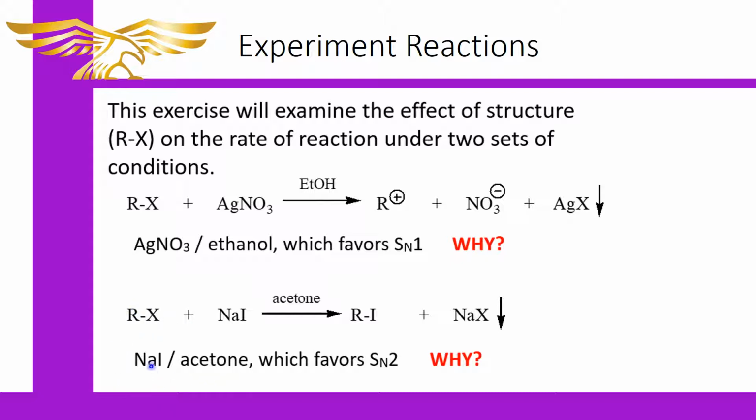Down here, you see the setup for the second reaction, which is the sodium iodide and the acetone. Acetone is not quite as protic as ethanol. You can't remove a proton from acetone very easily. And even though it has some polarity to it, it's not quite as polar as the ethanol molecule is.